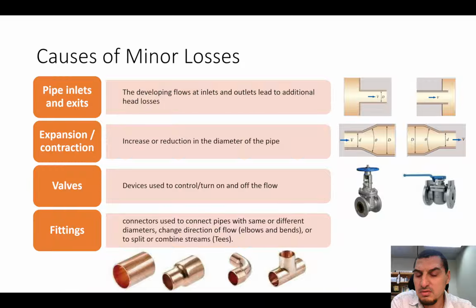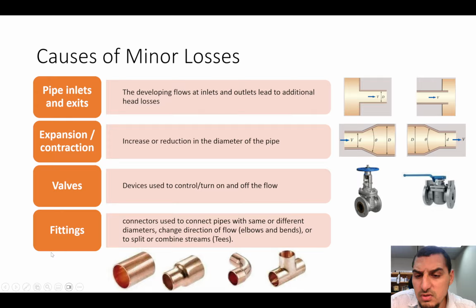It's like the tap that we use to open and close the flow of water. And there are fittings, which are connections that we use to connect pipes, to split the flow, to change the flow direction, for whatever reason. These are also sources of minor losses. So these are the 4 types of losses.